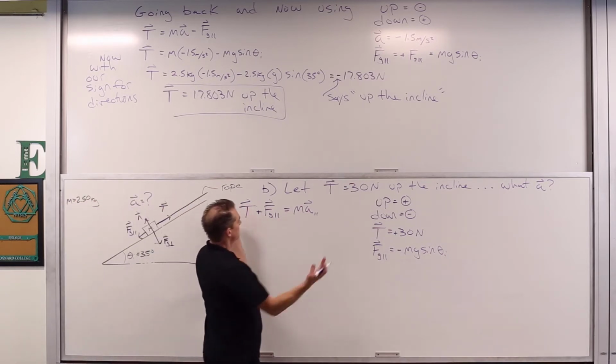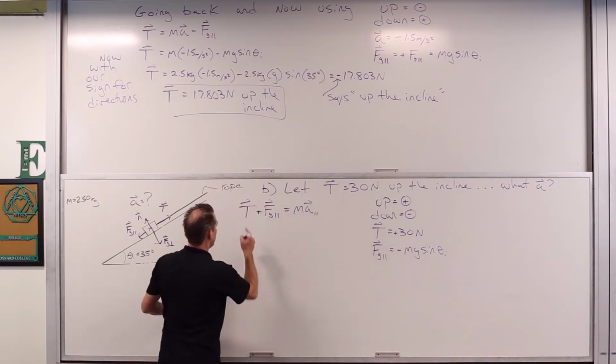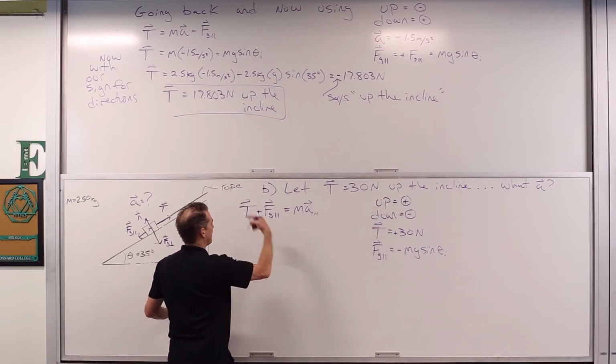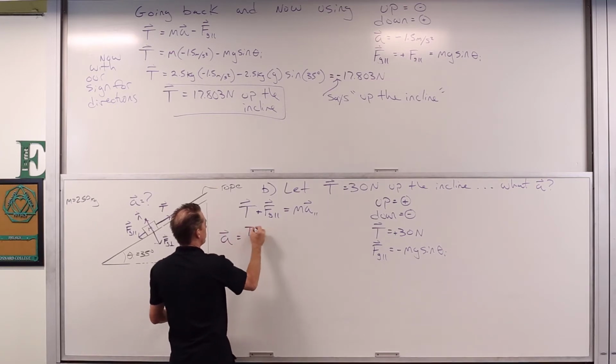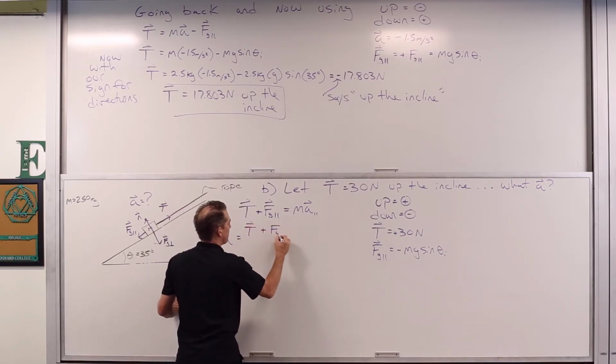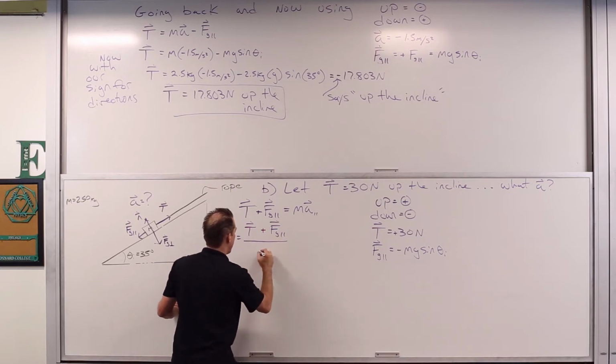So what do we do with this? Well, we'll go ahead and put in these sign conventions, and we can divide this out by m. Let's do this first. A hat is equal to T hat plus F sub g parallel hat divided by m.